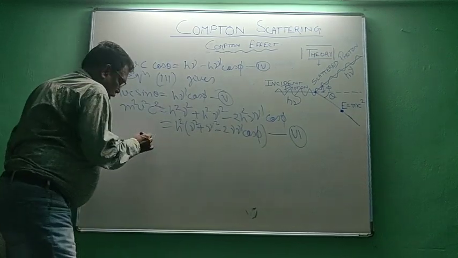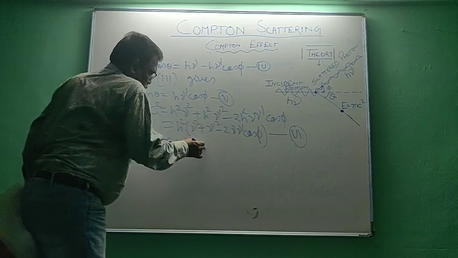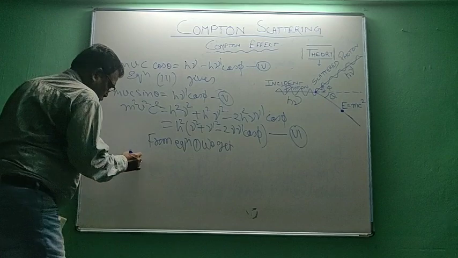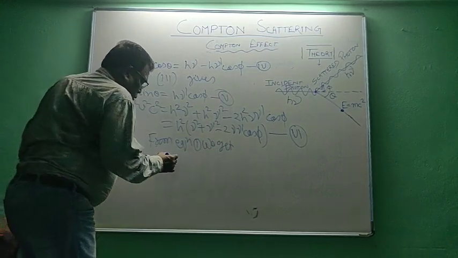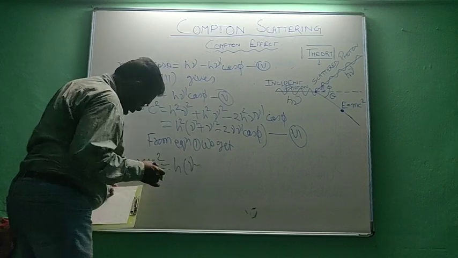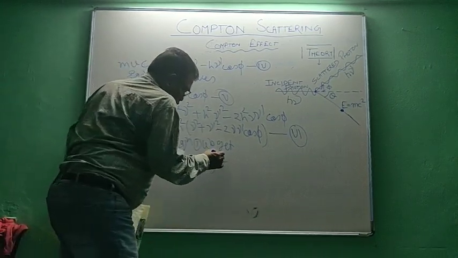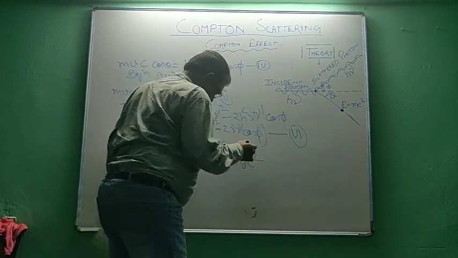Now from equation 1 we get m c square equals h times nu minus nu dash plus m naught c square.